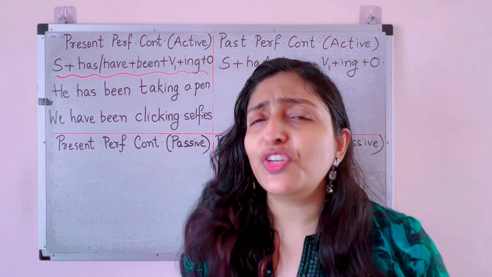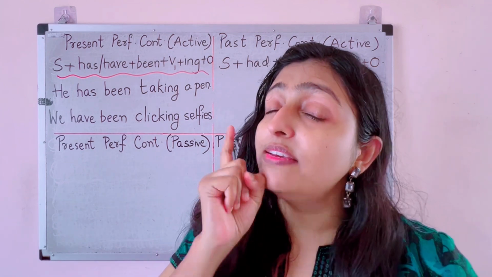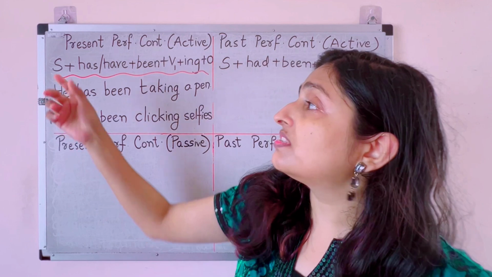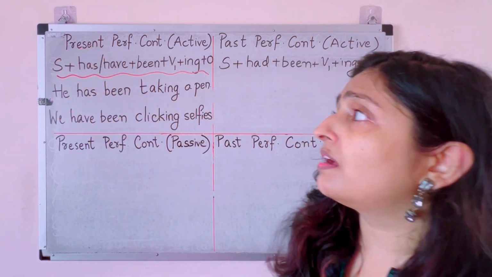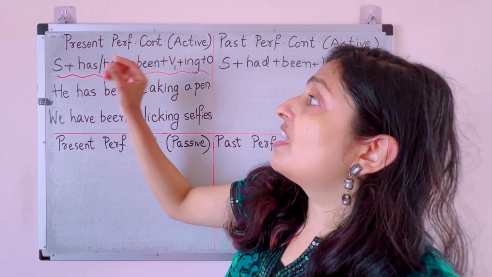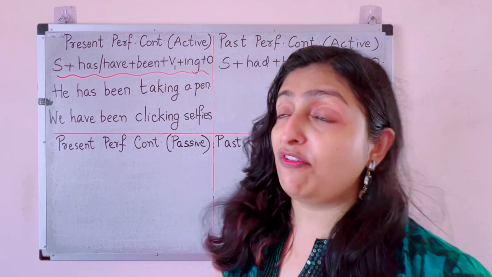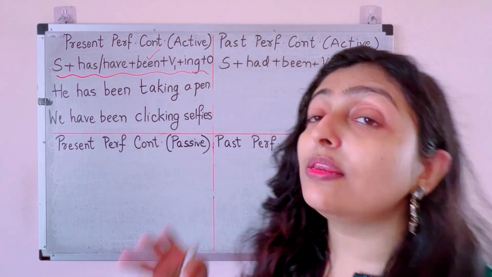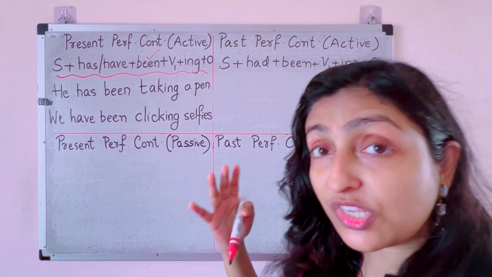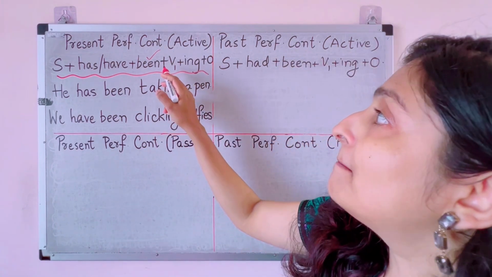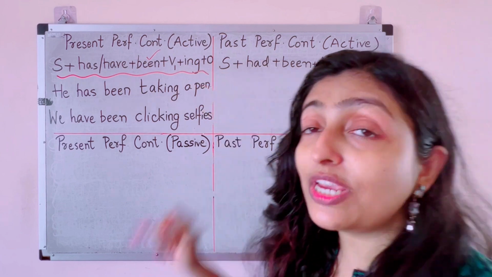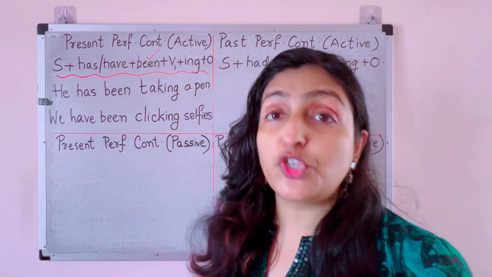If it's a continuous, then we have ing in the sentence. So the formula is as usual, subject comes first plus has or have. Then you need to add BEEN because it's perfect, plus V1 plus ing plus object.